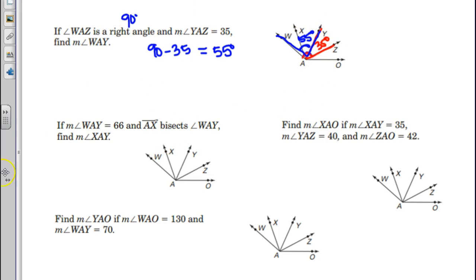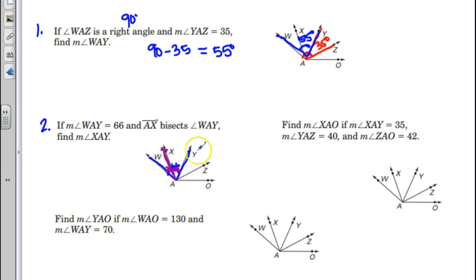All right, moving on to number 2. If the measure of WAY is 66 degrees, so this whole thing is 66, AX bisects. So what does bisect mean again? Bisect means cuts it in two equal pieces.